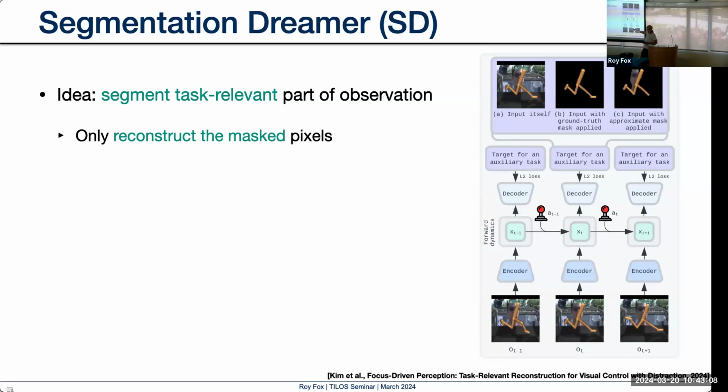So the representational power of Dreamer is going to focus on those pixels that don't actually matter for the control. Alternatively, if we have the ground truth mask, we can just apply that mask and only reconstruct that part of the image. So that's going to be again task relevant and filters away the distracting part.